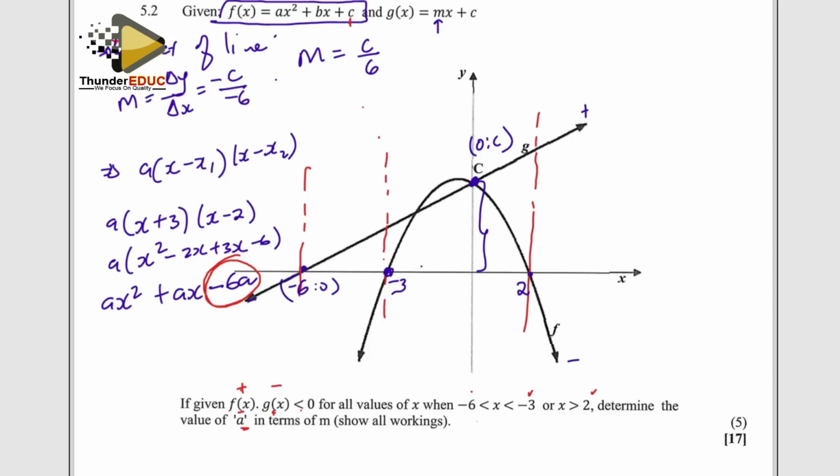There are lots of ways of doing this, but I need a quick way. Okay, so I'm saying C is the same as negative 6a.